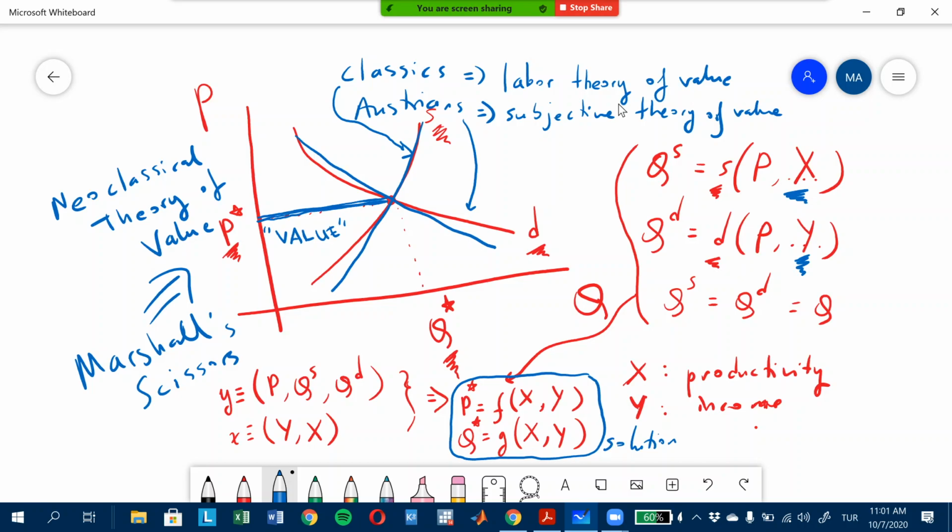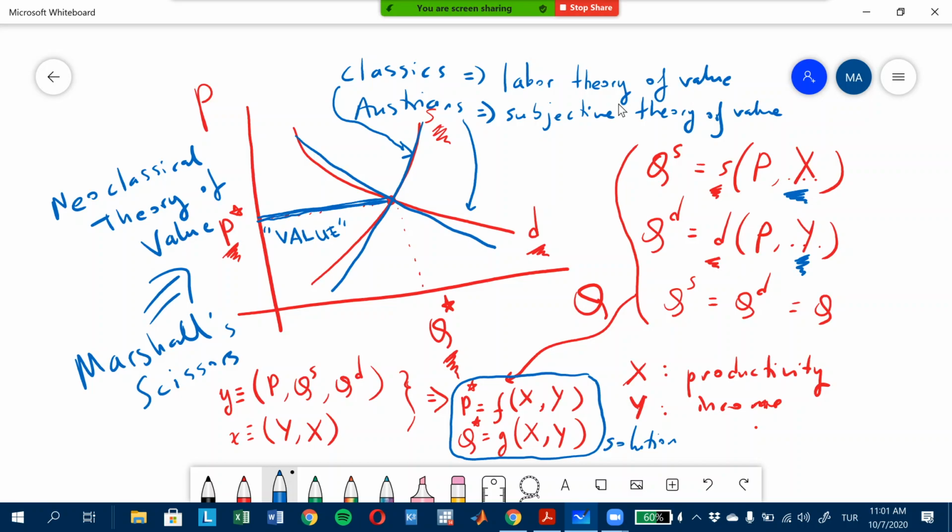All right? So you can compare this with the classics' view: Smith, Ricardo, Marx. Also, you can go to Menger, von Mises and other Austrians to look at how they try to understand the value of a good or service.